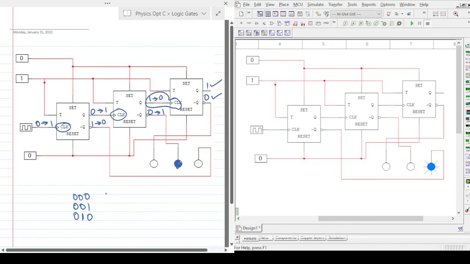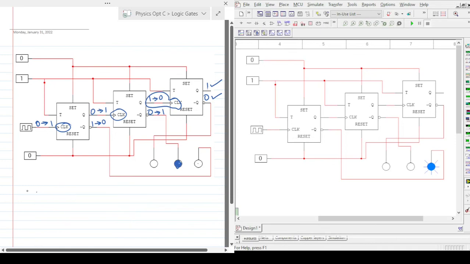So again, I went from having 0 to having 1, to having 2, and so on and so on. That is essentially how this particular circuit operates.